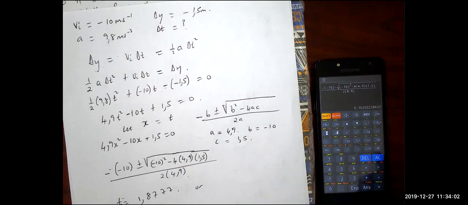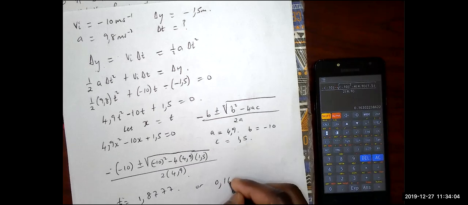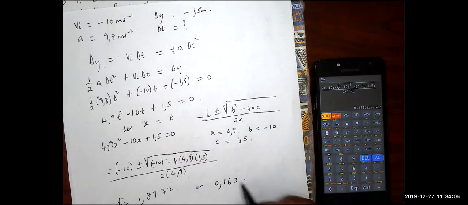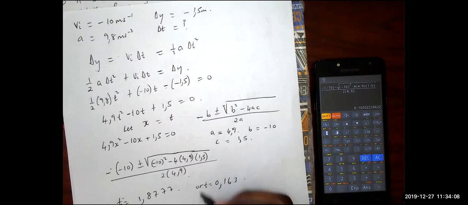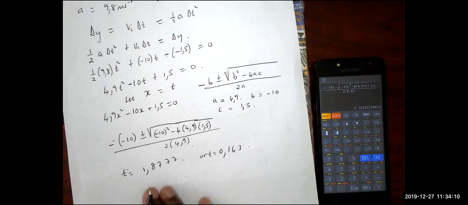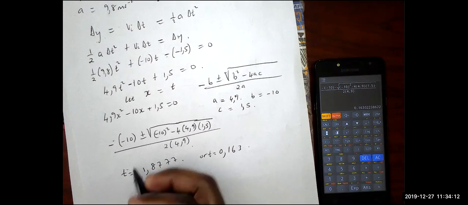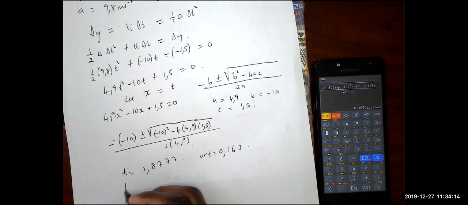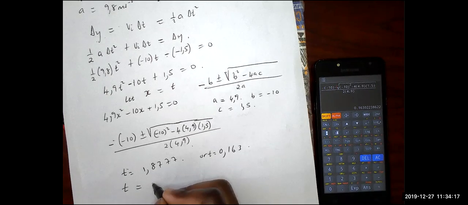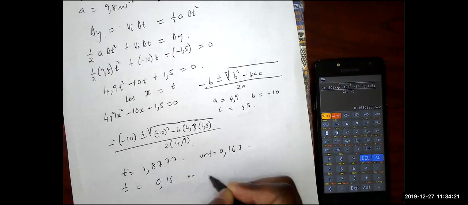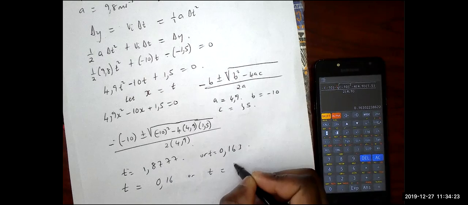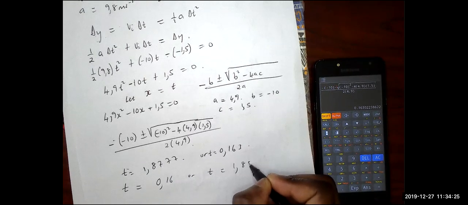What do we get? 0.163 and so on. So here our t is equal to 0.16, or t is equal to 1.88 if we round that.